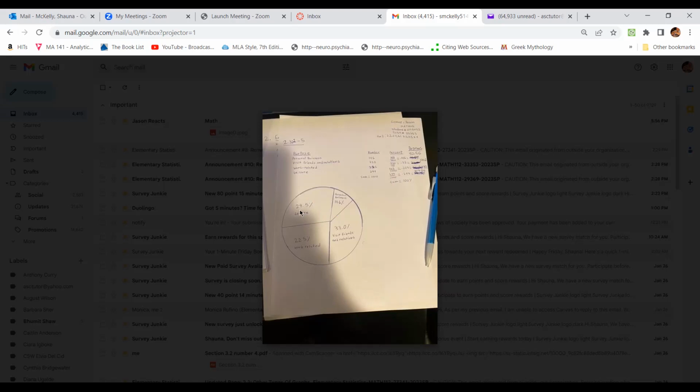This is 0.295, so sometimes you have to fudge one or the other. There are always 360 degrees in a circle. It might look like there's 370, but this is 100% of the circle, so there have to be 360 degrees in it.